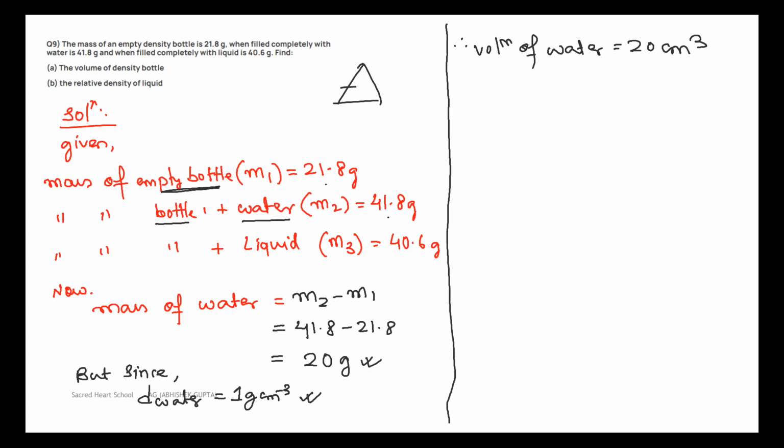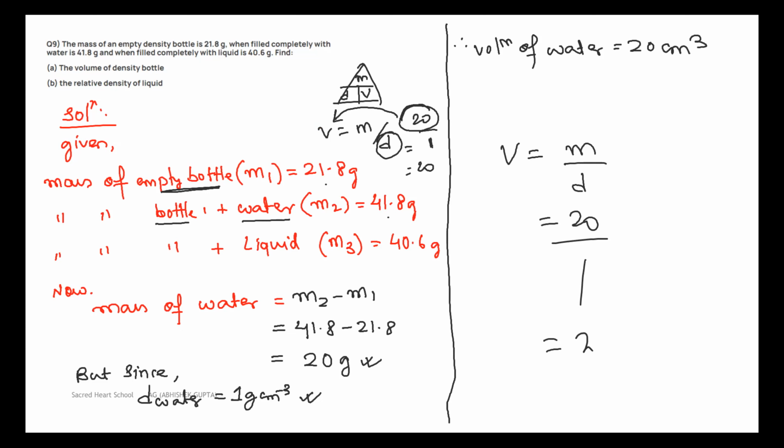Density is equal to mass by volume, so volume is equal to mass by density. Since density is 1, mass is 20, so volume is 20. If you put 1 in place of density, whatever the value of mass will be the value of volume. The unit of volume is centimeter cube, hence 20 centimeter cube.